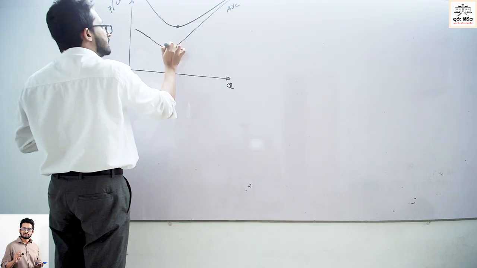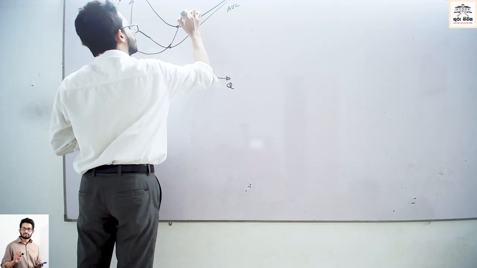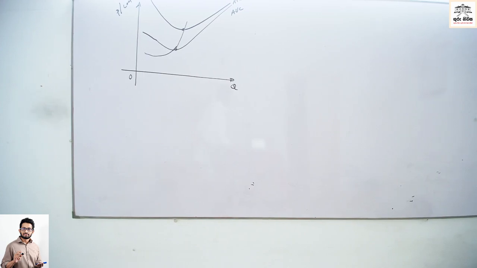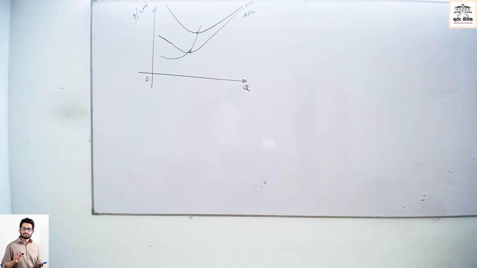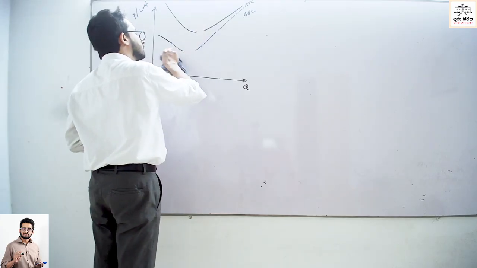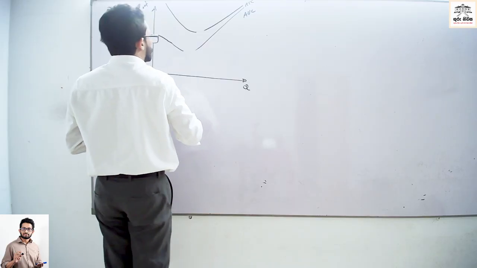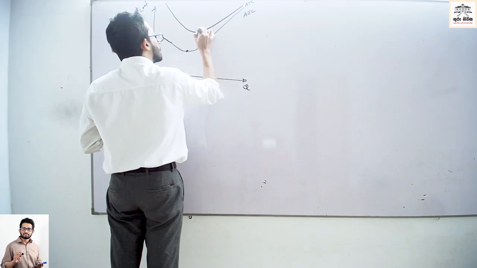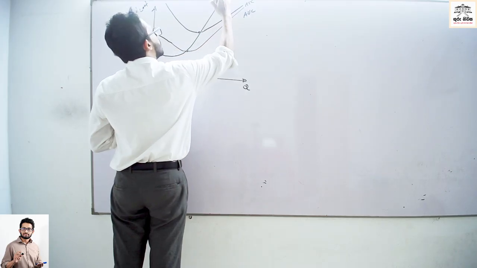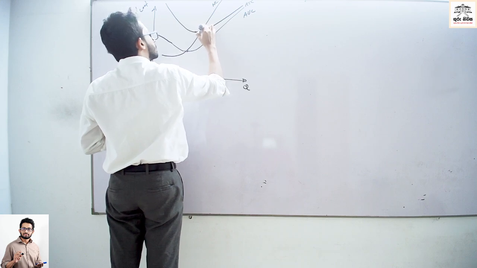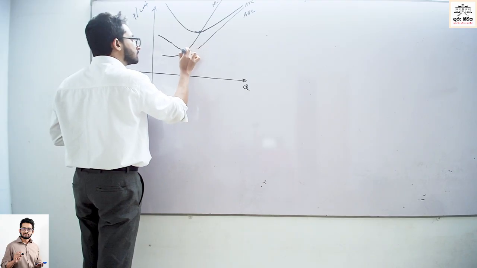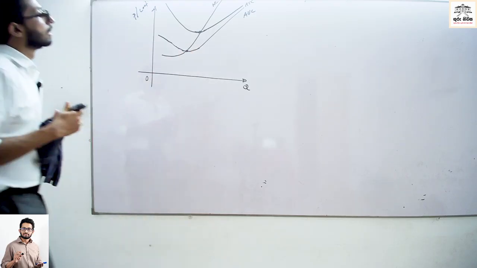The marginal cost curve goes through the minimum points of ATC and AVC. This is marginal cost.